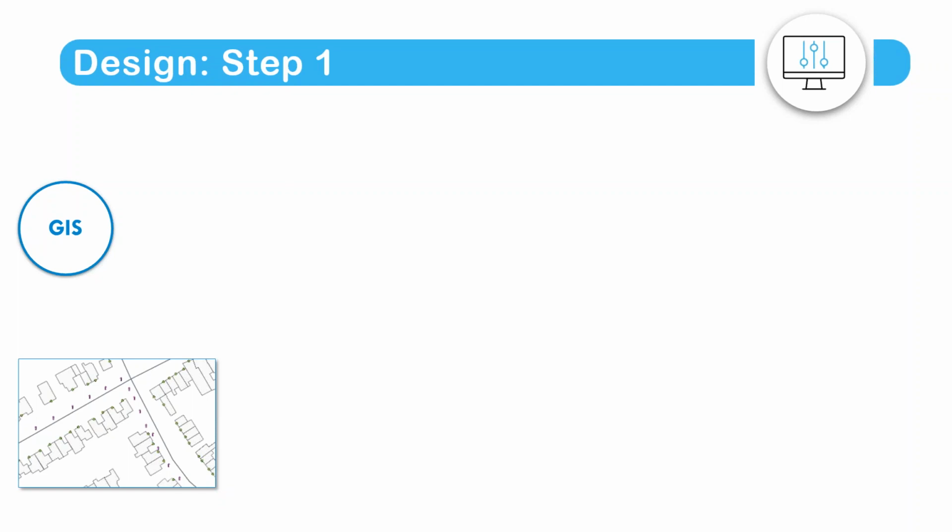Alright, so let's go into more detail of the actual design stage with FiberPlanIT. So what we need for FiberPlanIT is we need to know which area where you want to deploy your network.